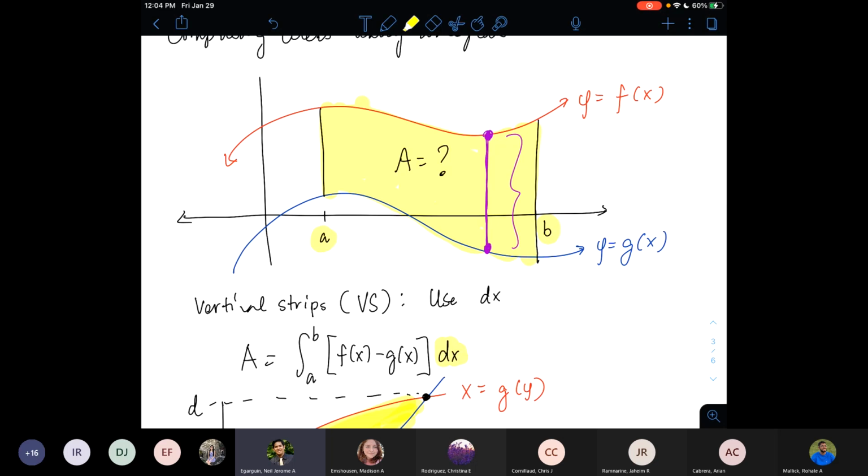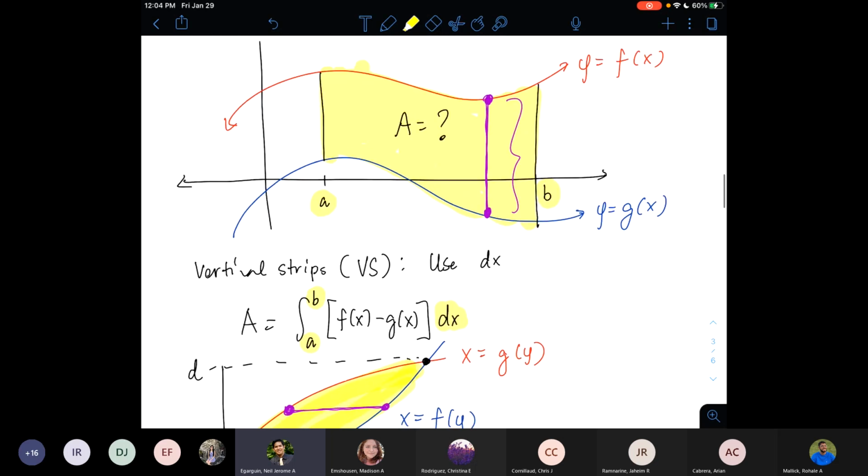What are the x values that are being covered by the region? From the illustration, the region starts when x equals a and ends at x equals b. So my bounds for the integral are a and b respectively. And then the integrand would be the height of the vertical strip, computed as the top function minus the bottom function.